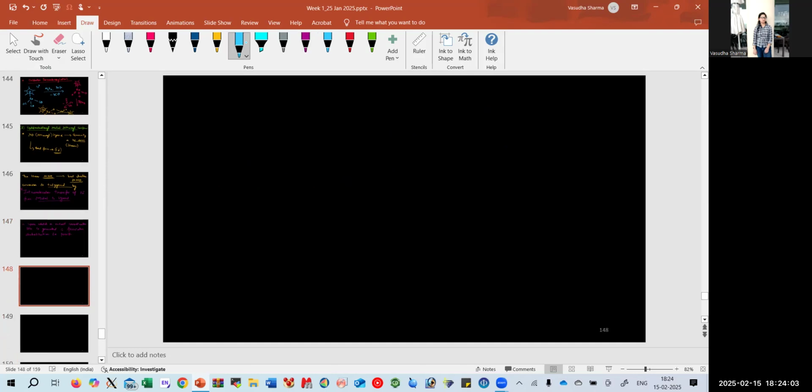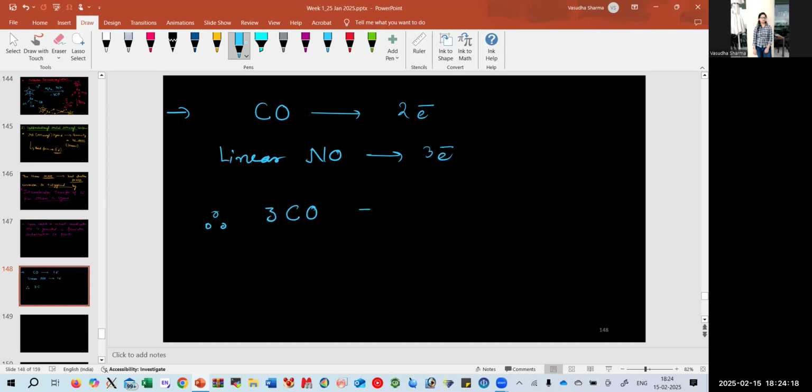There are some other features also of these complexes, which are as follows, that since we know 1 CO is a 2-electron donor, and linear nitrosyl group is a 3-electron donor. Therefore, if you have 3 COs, that would correspond to 2 nitrosyl groups. Both would give you 6 electrons. So if you have 3 COs, they can easily be replaced by 2 nitrosyl groups.